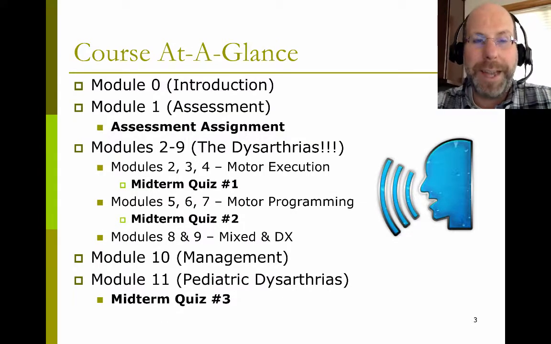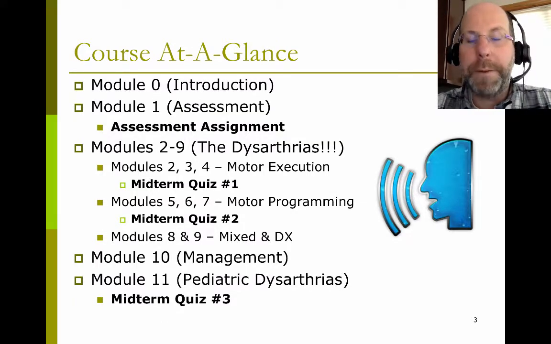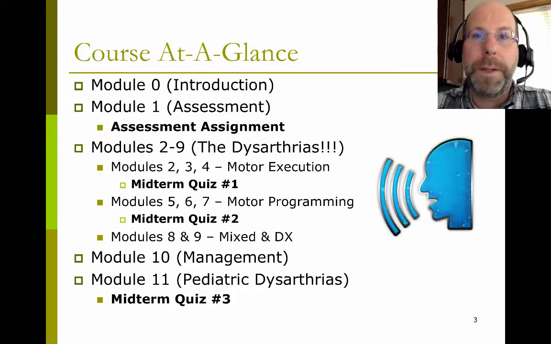So at a quick glance, you can see there are 11 primary modules, including Module 0, our introduction as we get started this week. Module 1 will jump right in with assessment of intelligibility and assessment overview of the dysarthrias, and you will have 1 assignment to be completed there. Then modules 2 through 9 will dive into the details of the different dysarthrias.